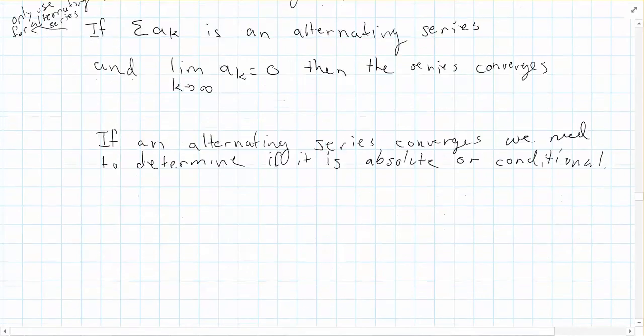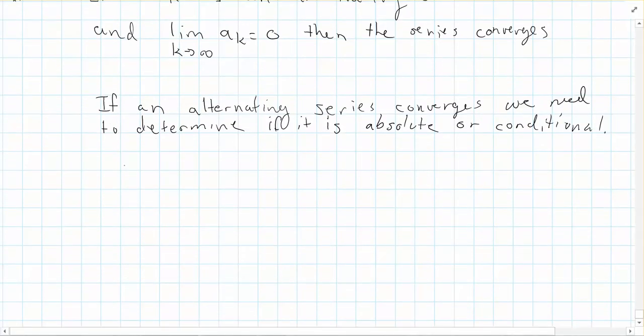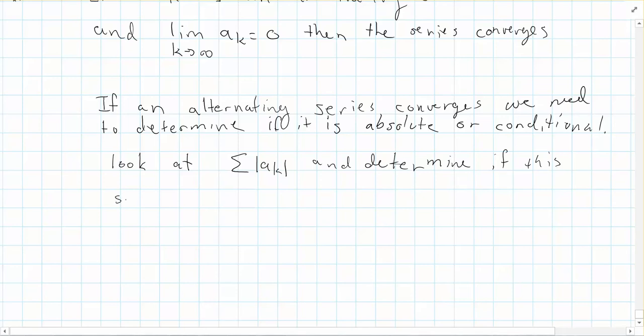Now, the way you do that is you look at the absolute value of this and determine if this series converges using tests from sections, what would it be, 8.3 to 8.5.